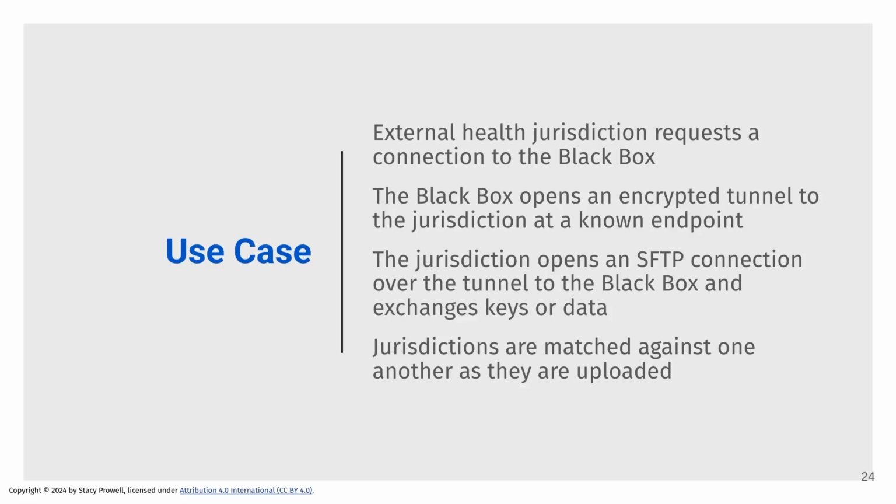So let's say that you're someone, you want to spoof being Miami. So you do the port knock. We're then going to connect to the known Miami endpoint, regardless of what you did. So we open an encrypted tunnel using SSH, and we do all the authentication for that tunnel. The jurisdiction then opens an SFTP connection back across that same tunnel into the black box.